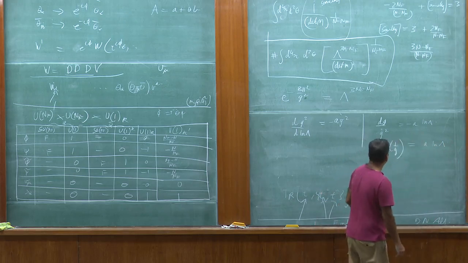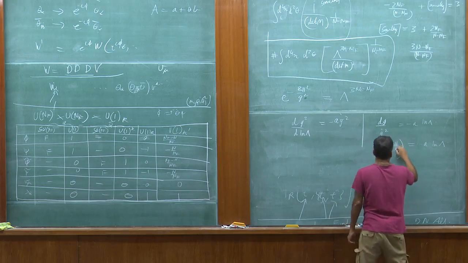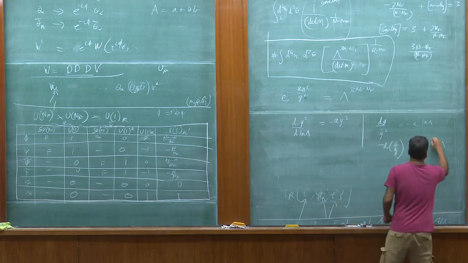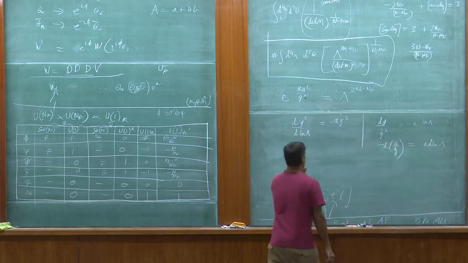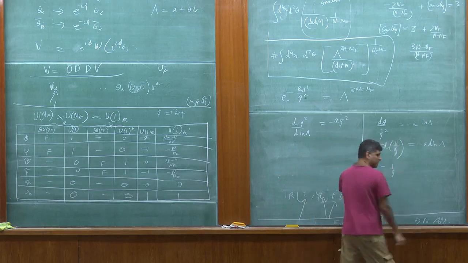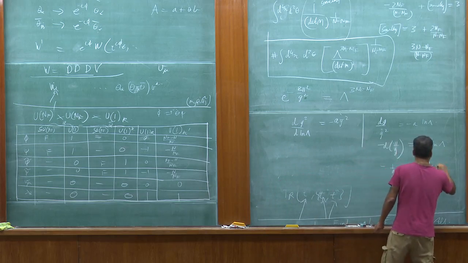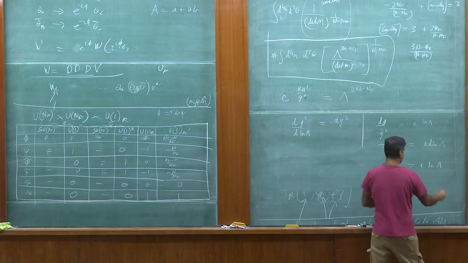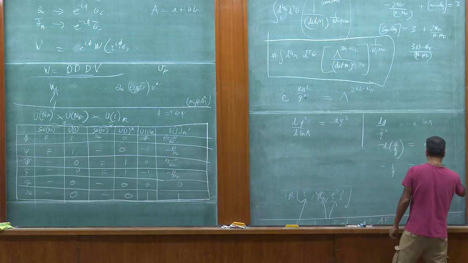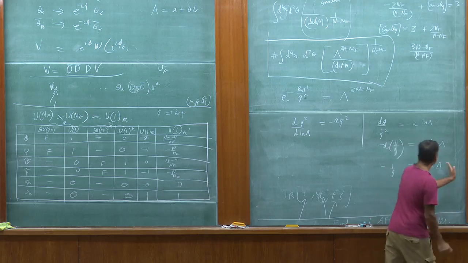And so I get that minus 1 by g, up to some overall constant, is equal to A log lambda. And let me call that log lambda divided by lambda naught, so that this is log lambda minus some number.